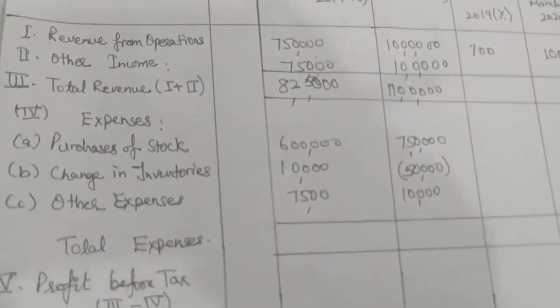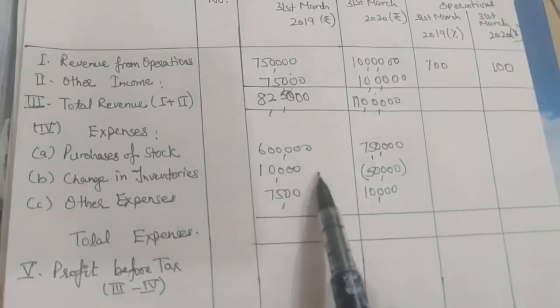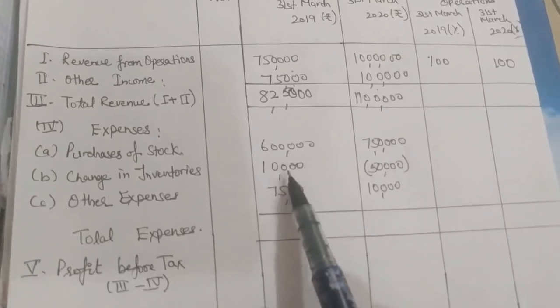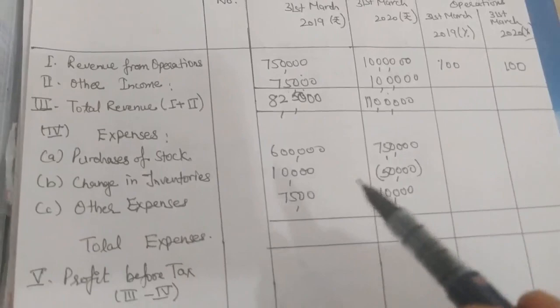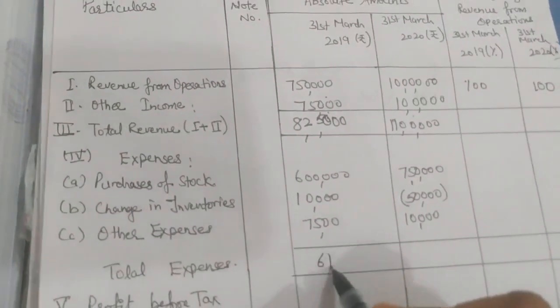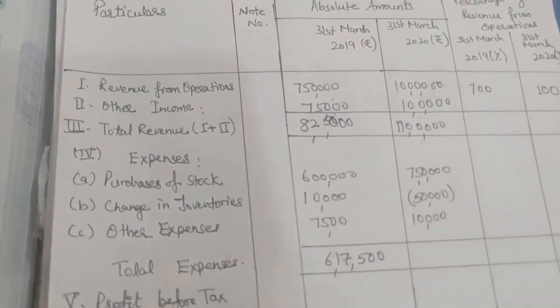Now you can see I have written the previous year amounts of purchases of stock, change in inventories and other expenses. Now we will total this: 6 lakh plus 10,000 plus 7,500, and it will be 6,17,500. Now this is the amount.